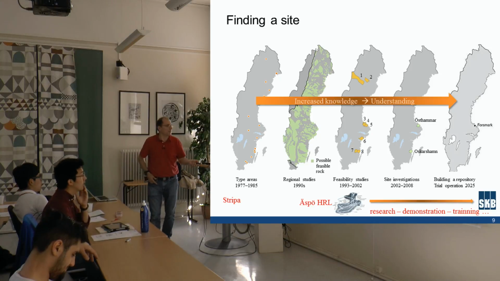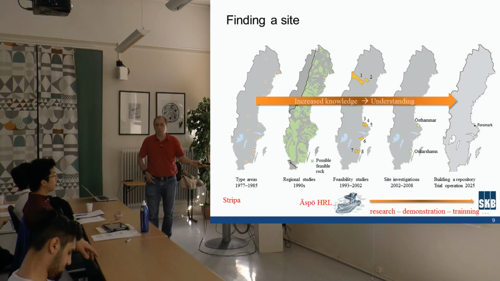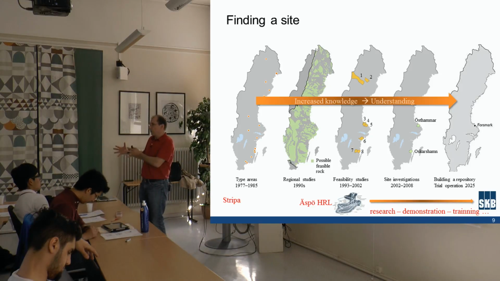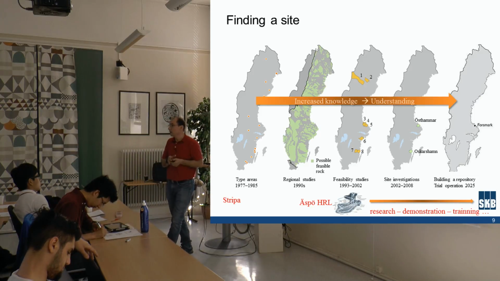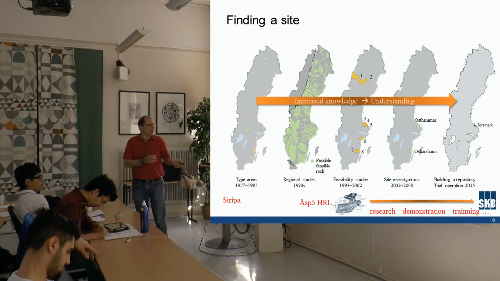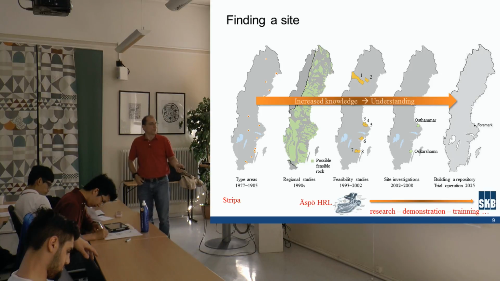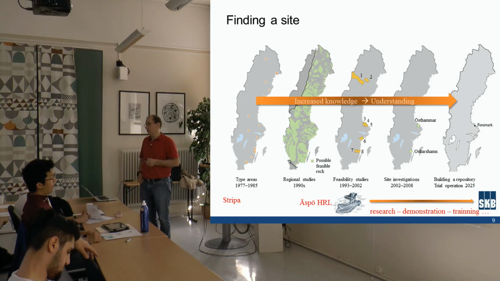So in detail, concepts were tested already during the 70s in an old mine. So before the Äspö Hard Rock Laboratory was built, SKB had the opportunity to make tests in an old mine. Then, in the early 90s, the Äspö laboratory was built. So all research, demonstration, training, and so on is done there.